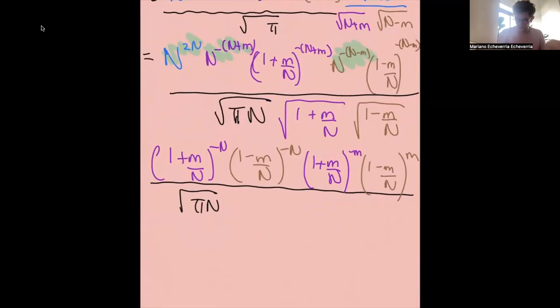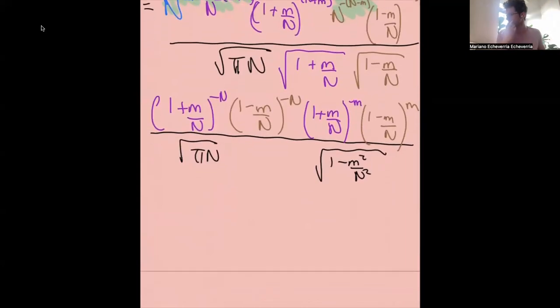So let me just combine them into a difference of squares, because that's actually what I'll do in the other one. These two square roots you can combine as 1 minus m squared over n squared. That doesn't matter too much.